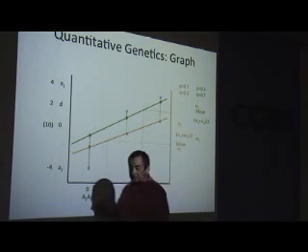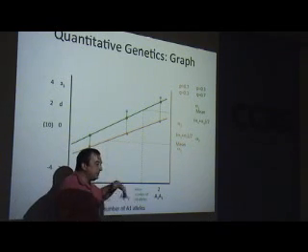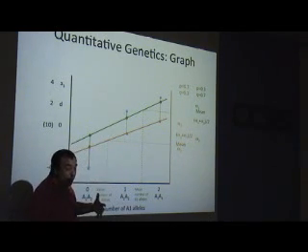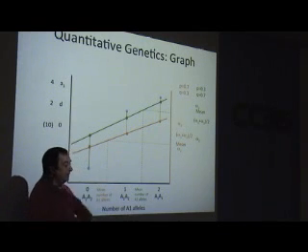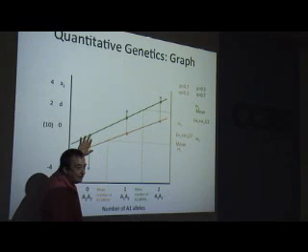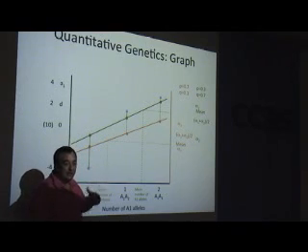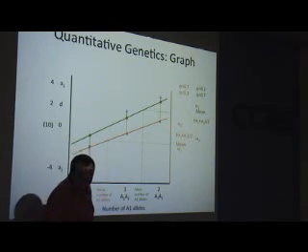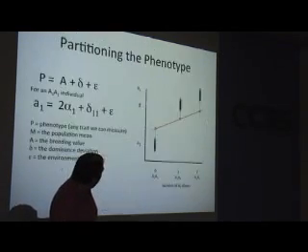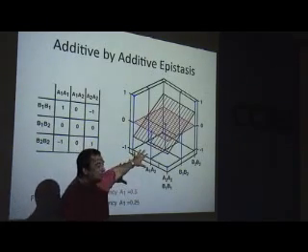Now, that raises the last interesting question. What is the additive genetic variance for the A locus if it's interacting with the B locus? That implies that we're going to get some sort of a single bivariate line like this when we look at the A locus. However, we know that it's this plane.